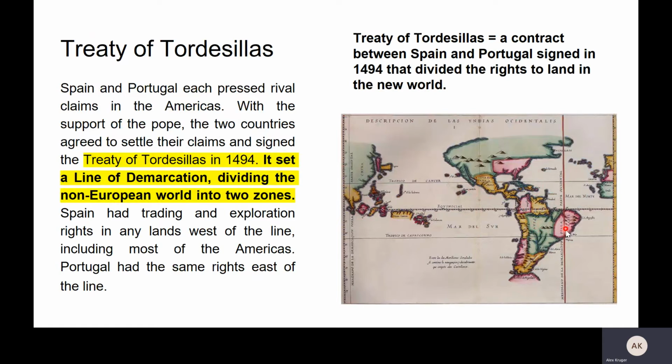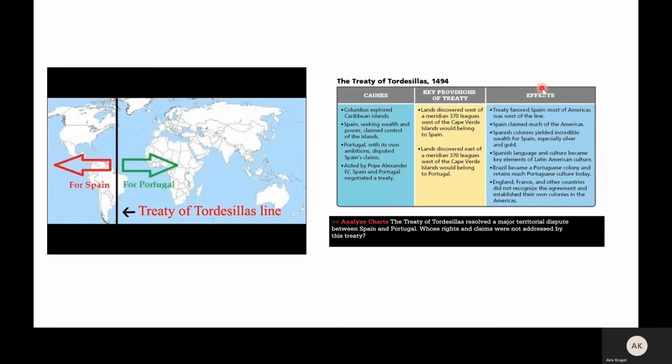So basically it split North America and South America into two zones, where Spain got everything west of the line and Portugal got everything east of the line. So that's why in Brazil they speak Portuguese, because it's the easternmost country. And in most of the Western countries, they mostly speak Spanish. That's because of this treaty, the Treaty of Tordesillas. So that's why Brazilians speak Portuguese.